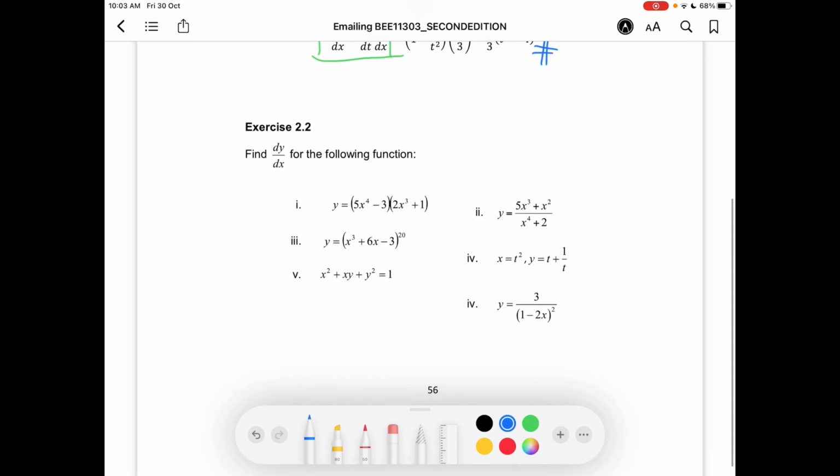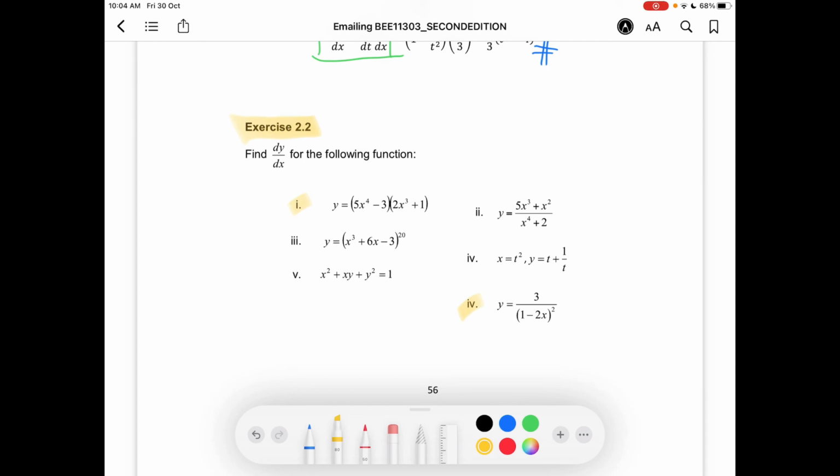Now, to see whether you thoroughly understand all these examples under the techniques of differentiation that we just discussed, try to do exercise 2.2. Try question number 1 until question number 6, so 6 questions altogether.